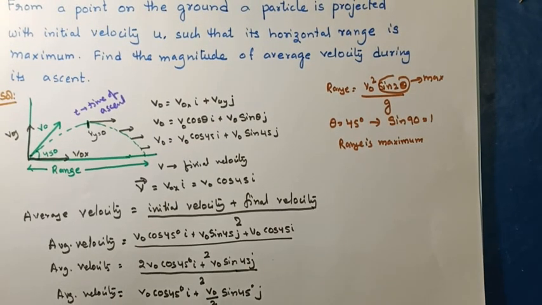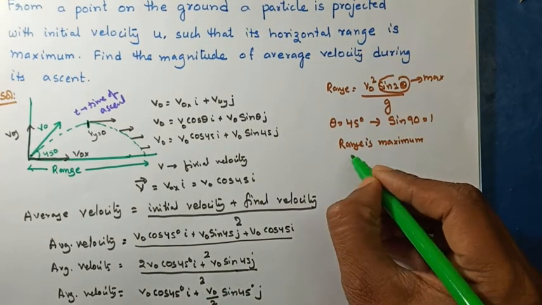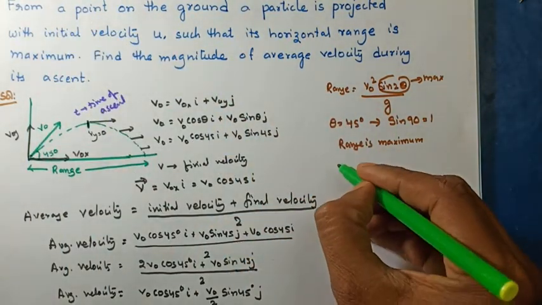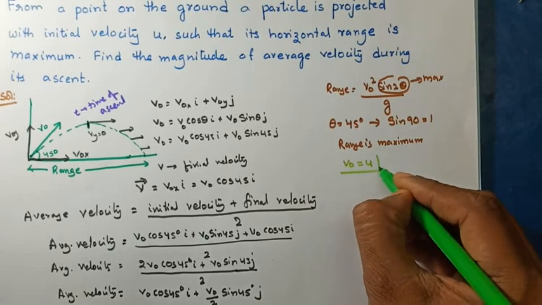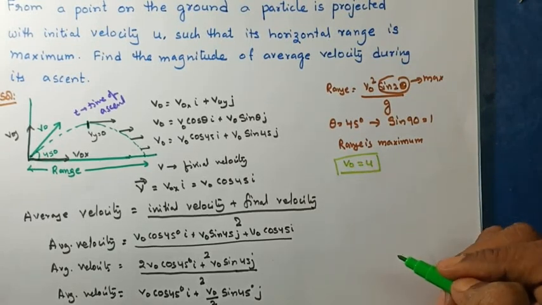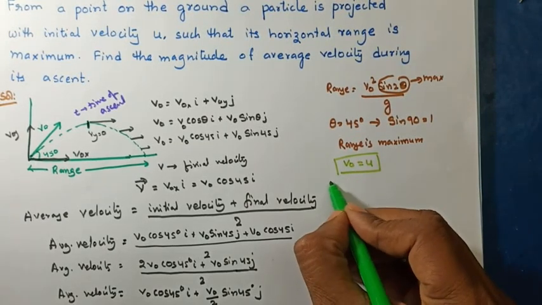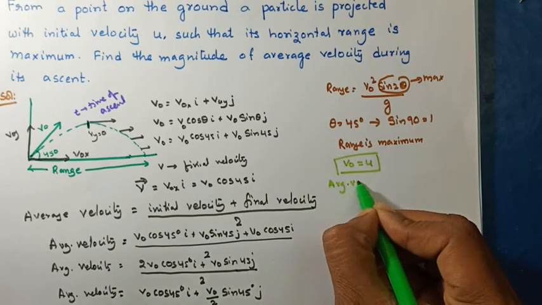In the problem, V naught is indicated as u, so V naught is equal to u. How to write the average velocity?